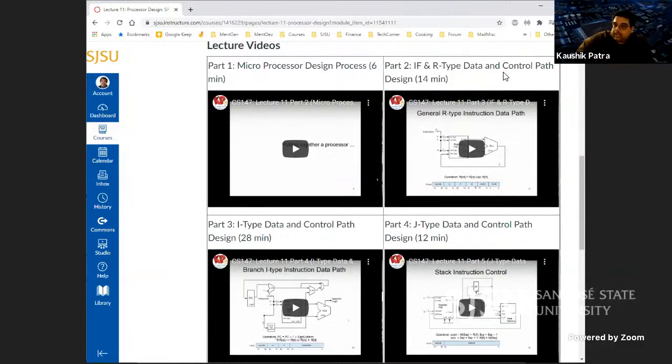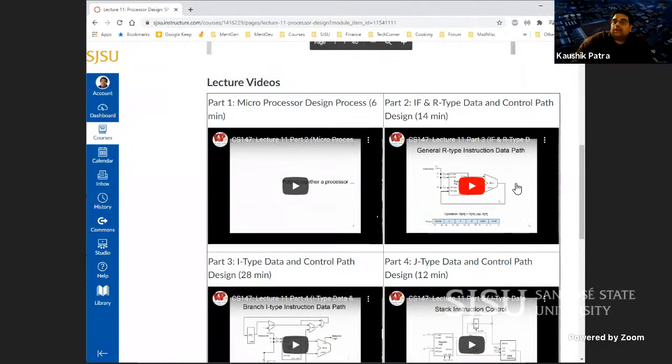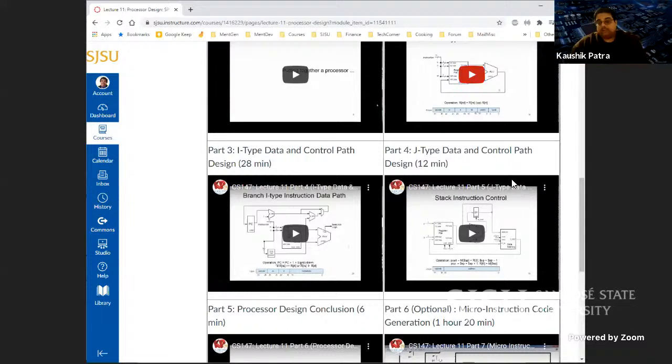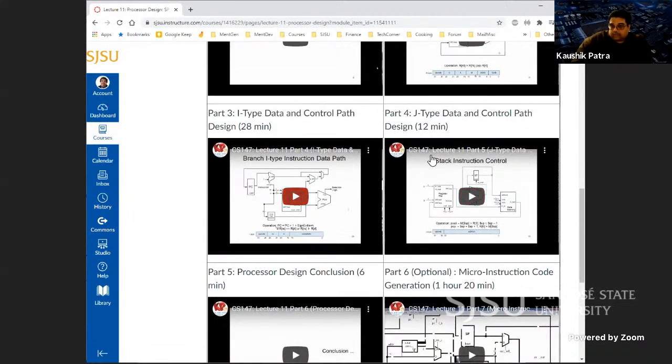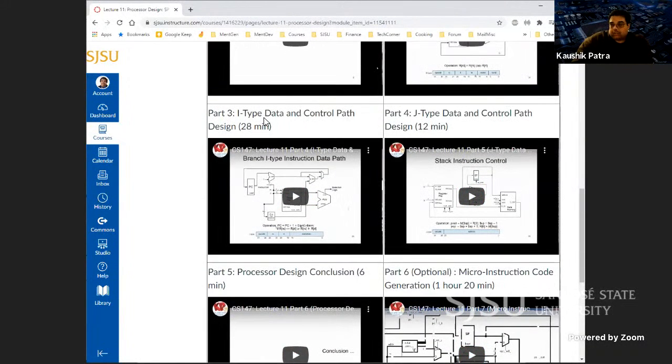If we hit that target by next day, then the day after, the next coming Tuesday, would become parts 3, 4, 5, and 6. Parts 3 and 4 are more like a construction of the I-type data and control path, and then the J-type data and control path. And then we have some quick conclusion about the design process of this processor.